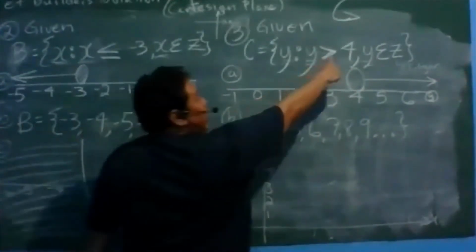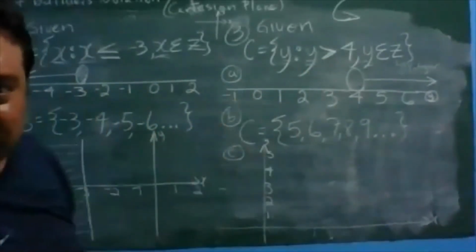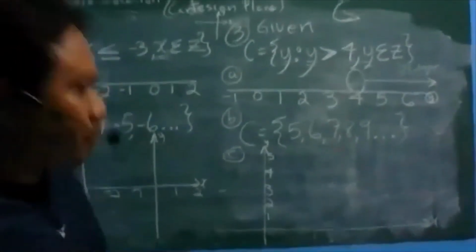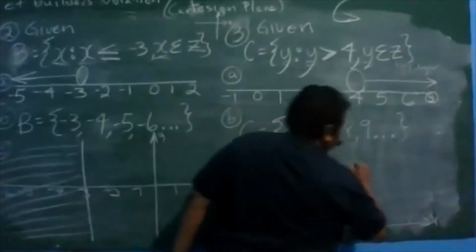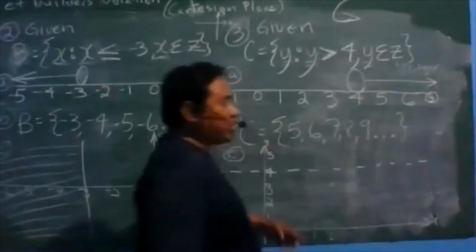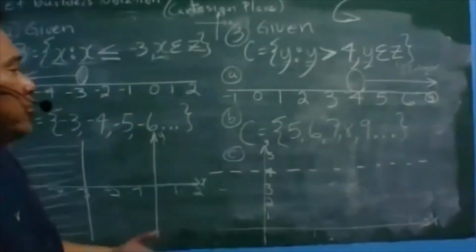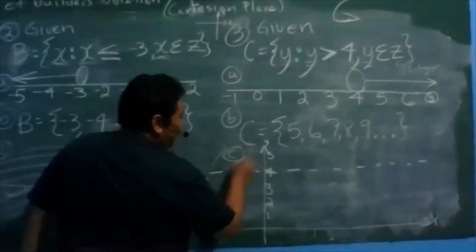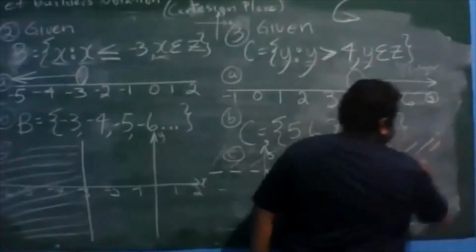But it is not included, so will it be a broken line or a solid line? Broken line, straight through 4. And I will shade everything bigger than 4, which means 5, 6, and everything above that line.